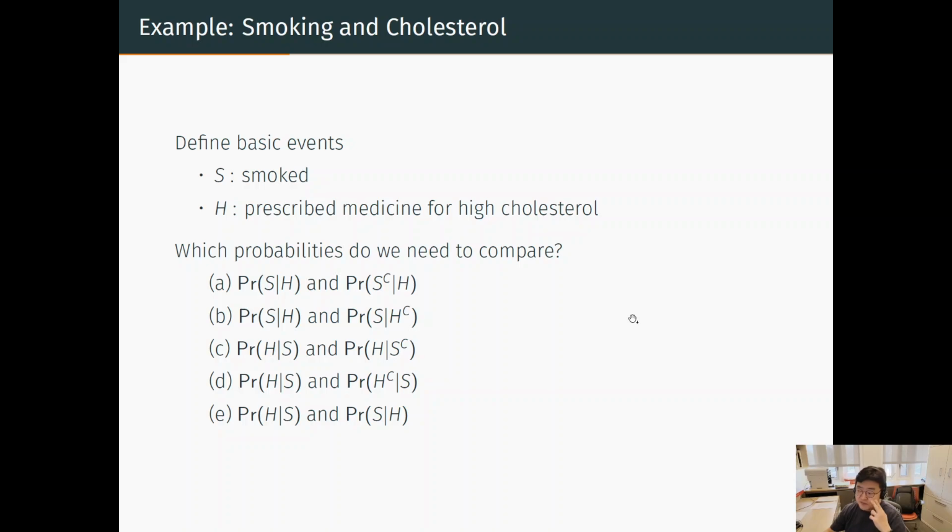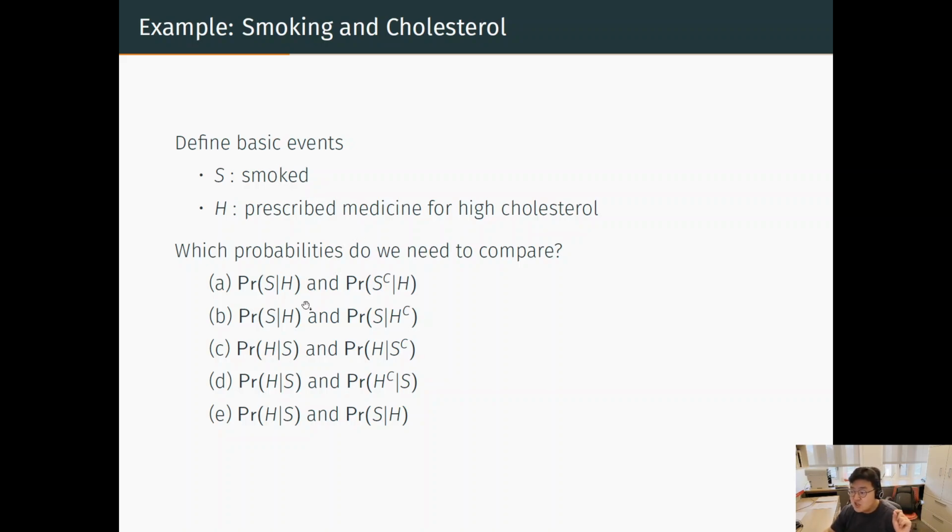See the answer. What you are going to do here is compare the people who smoked versus the people who never smoked. So in your first experiment, you choose from those who smoked, and in the other experiment, you choose from those who never smoked, and compare their probability of high cholesterol.